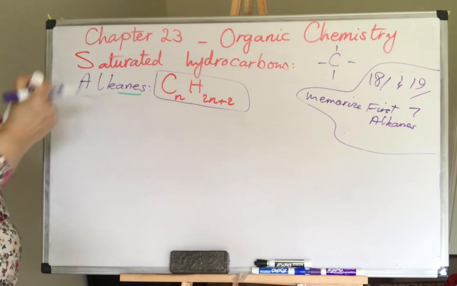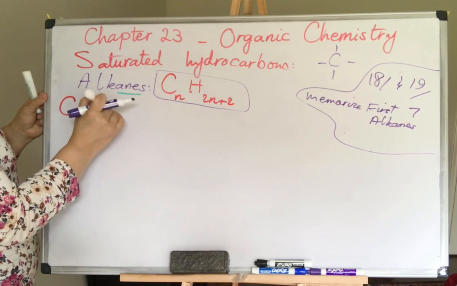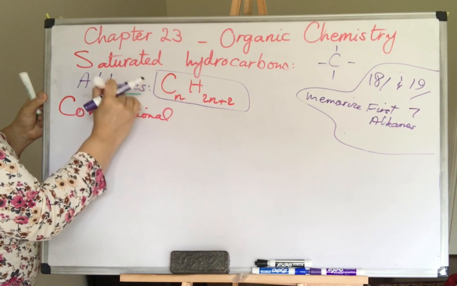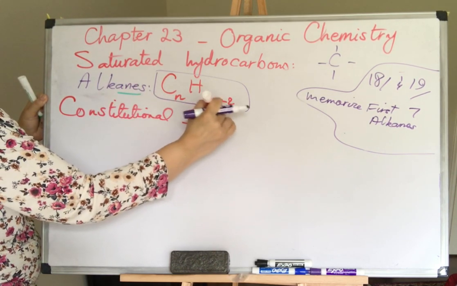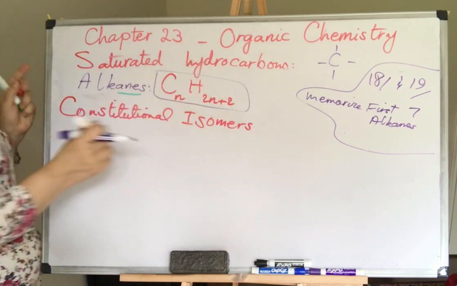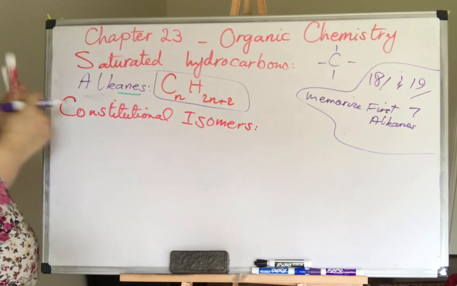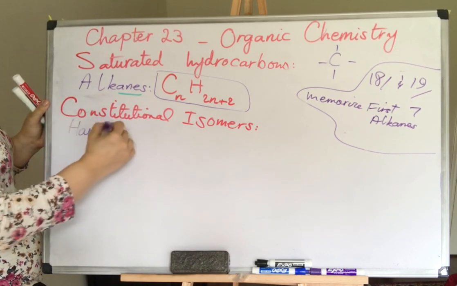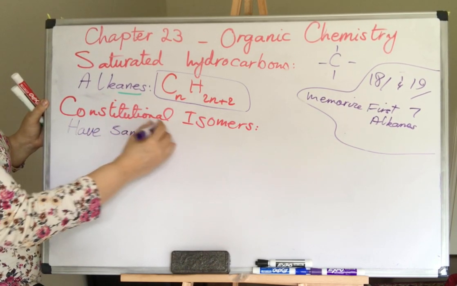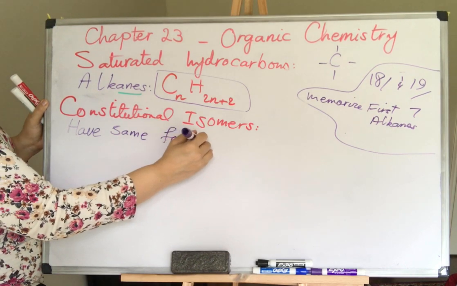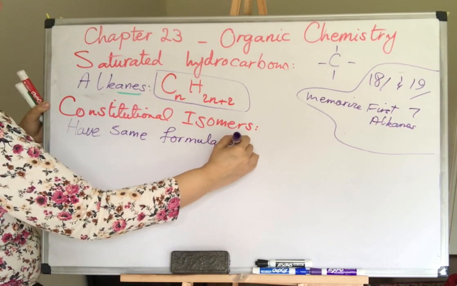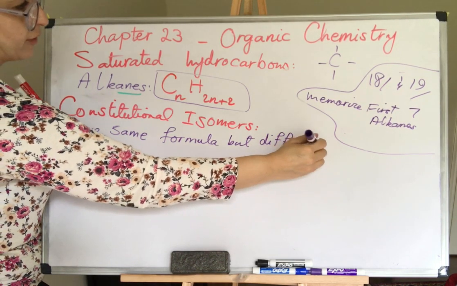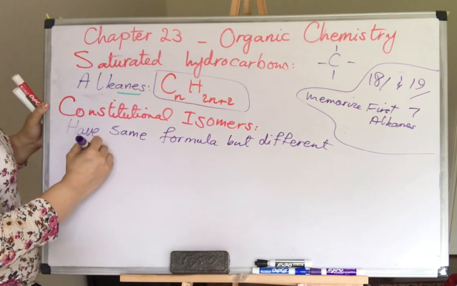So, constitutional isomers. You need to know the definition. Constitutional isomers are compounds that have the same formula but different arrangement.